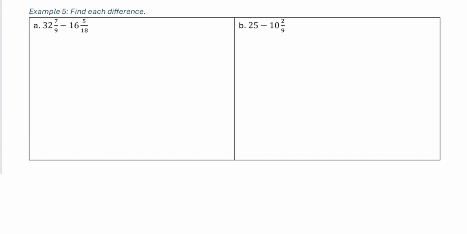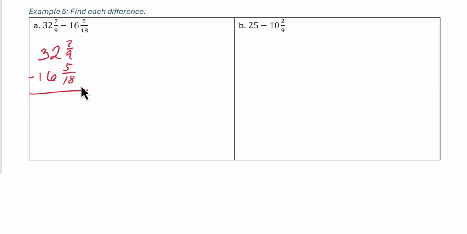In this example, we're using subtraction. Again, let's write these vertically. In order to subtract the fractions, we need a common denominator.